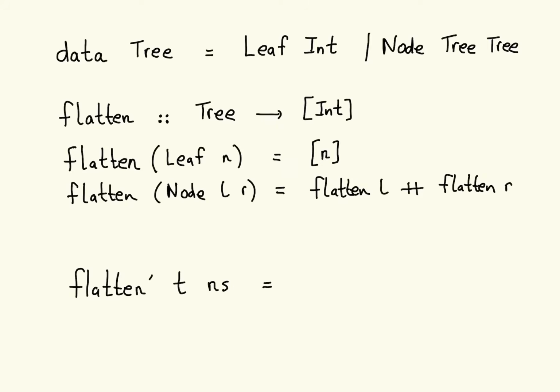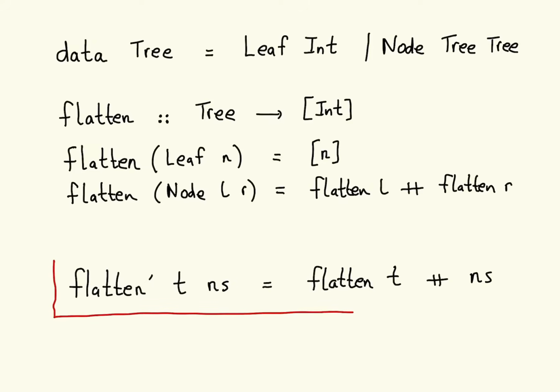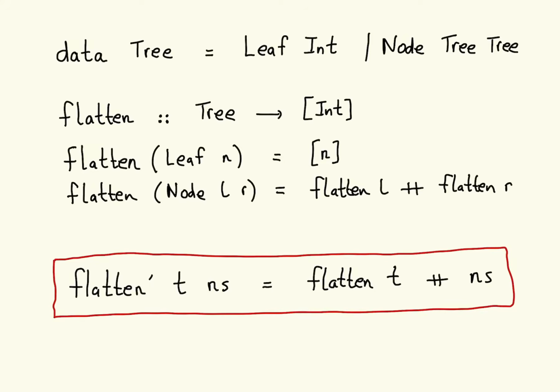So it's going to do a bit of flattening and a bit of appending. So in particular, what we're going to do this time is we're going to call flatten on the tree t. So we'll flatten the tree t, and then afterwards, we're going to append the list ns. Okay, so this is now our equational specification for what we would like the flatten prime function to do.